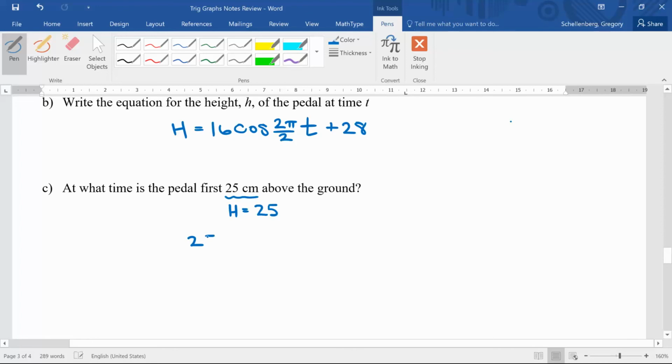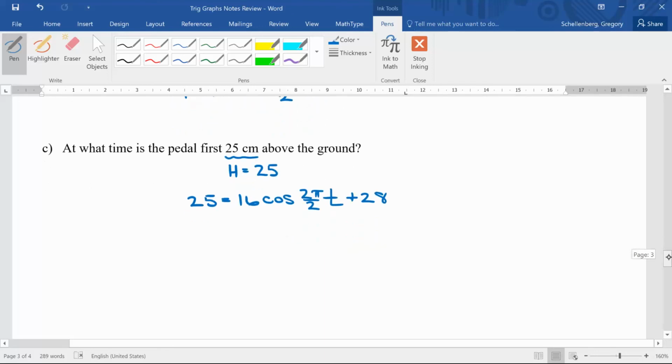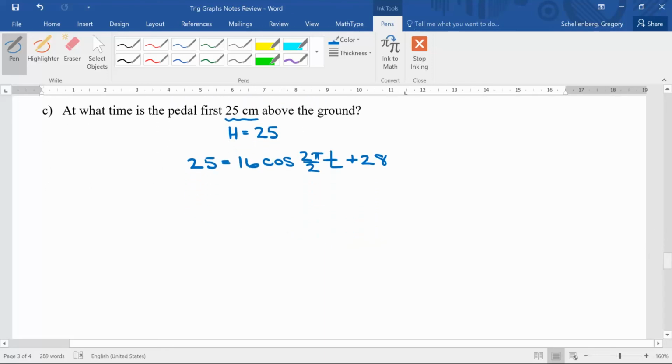So we get 25 is equal to 16 times the cosine of 2 pi over 2 times t plus 28. And now we're looking to solve for t. Okay, so I'm going to bring the 28 to the other side. It becomes negative. 25 minus 28, we get negative 3. And I'm going to divide both sides by 16.